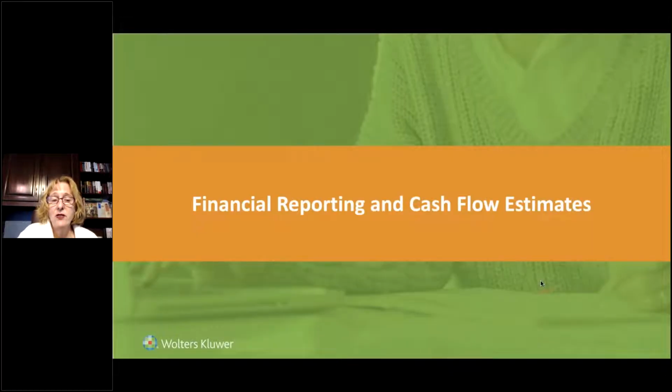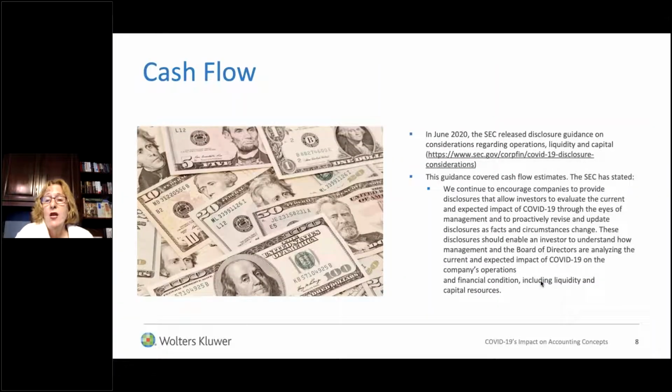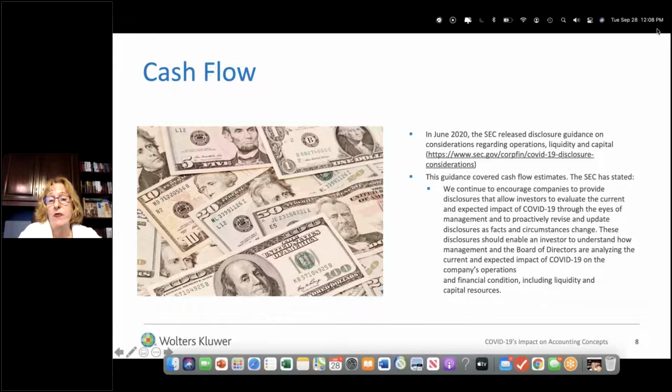All right, so let's talk about financial reporting and cash flow estimates. We put a link in here. In June 2020, the Securities and Exchange Commission did release some disclosure guidance on considerations regarding operations, liquidity, capital expenditures, and capital requirements. So there's a link there that you can look at.